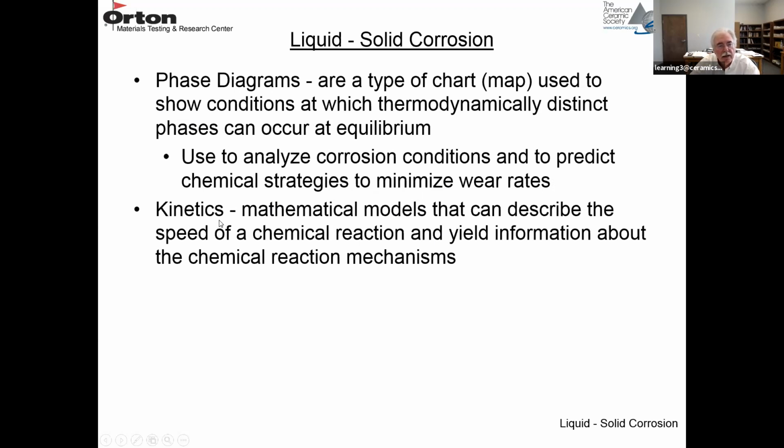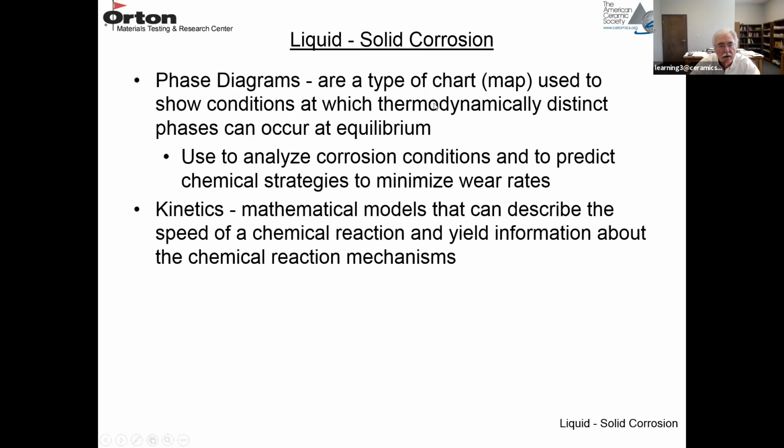So phase diagrams are a type of chart or map that show the conditions at which thermodynamically distinct phases can occur. So it's going to tell you what kind of reactions are going to occur with those chemical compositions at a particular temperature. So you use it to analyze corrosion conditions and predict a chemical strategy to minimize the wear rate.